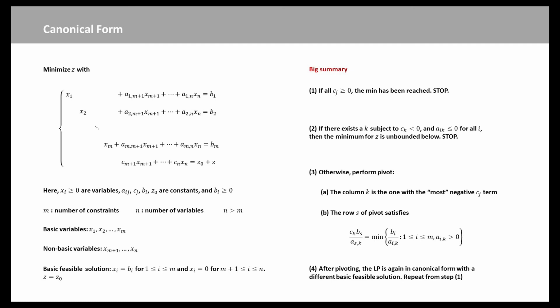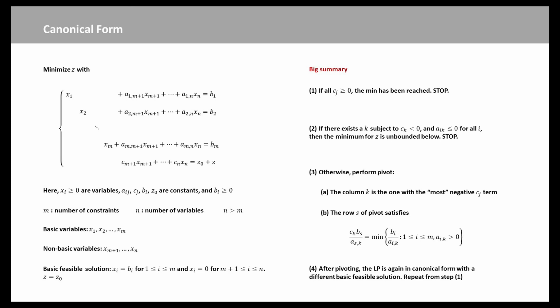Step 3 is the main step. If there is a ck that is less than 0, and in that column some coefficients are positive, you want to do a pivoting process. You choose the column for pivoting, let's say column number k. This would be the column where the cj is negative. If you have multiple cj that are negative, you pick the one that is most negative, that is, the largest absolute value.